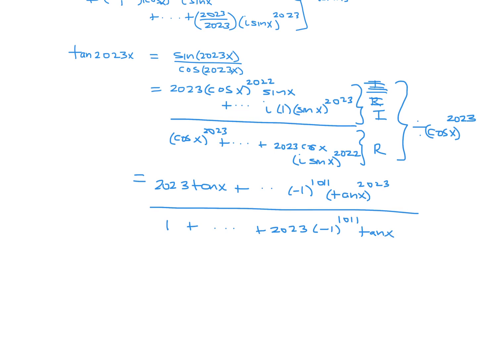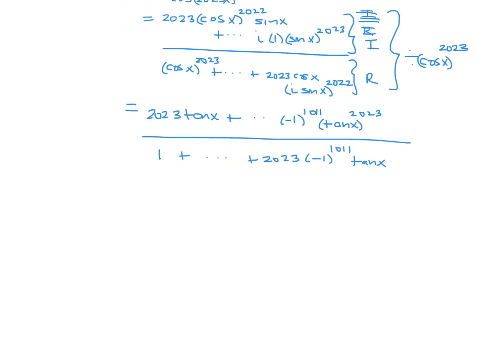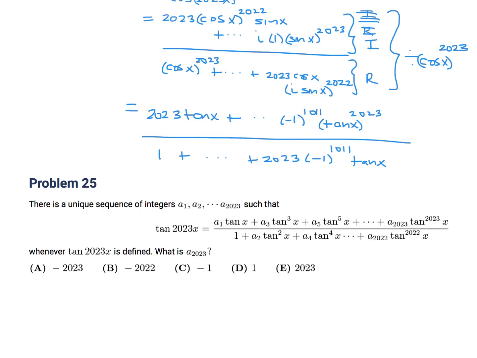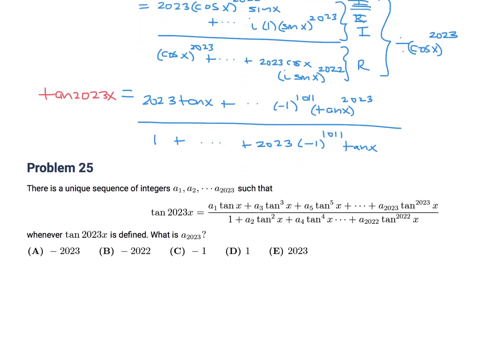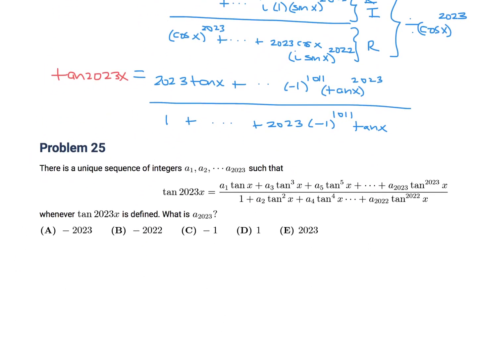Okay, so now let's compare this. Now we have it finally in this form. Let's compare it to the original question. This we got as tan 2023x, right? From up here. So now we have it in this form, and it looks to me that this is the A1. I'm just trying to match these up.